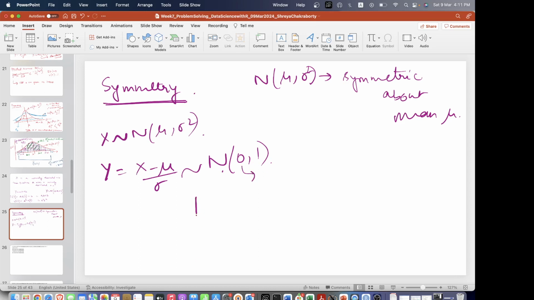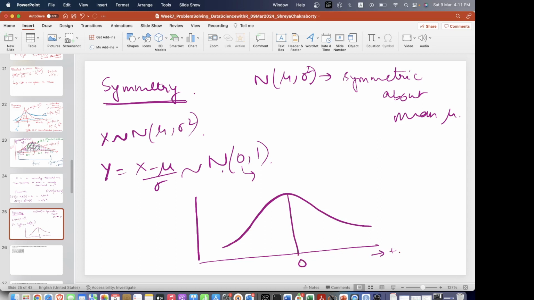Since it's a normal distribution, it is symmetric, and the point of symmetry is 0. So the standard normal curve looks like this. This is the point 0, and this way it's going towards plus infinity, this way towards minus infinity.